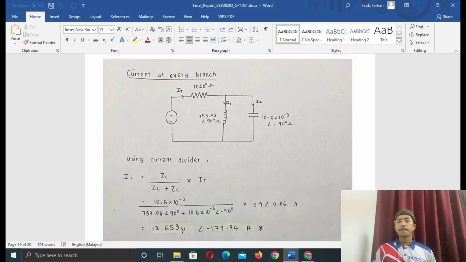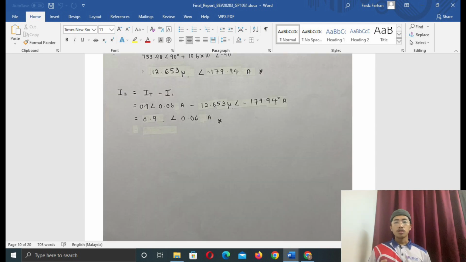The formula for I1 is ZC over ZL plus ZC, multiplied by IT. So we get the answer 12.653 micro. This is the answer for I1. After I1, we need to find I2. For I2, the formula is IT minus I1, so the answer we get is 0.9 angle 0.06 ampere.